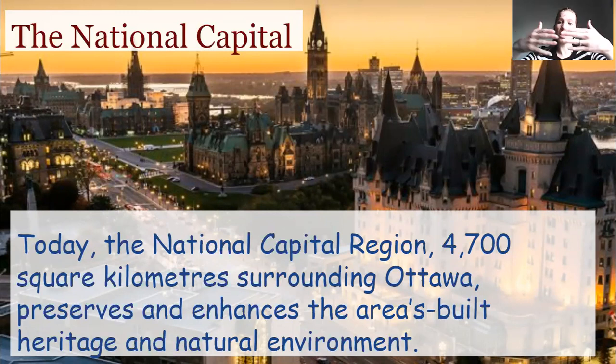The region around the city protects the city to stay beautiful. You see trees and grass and buildings. It is beautiful. And all of that around Ottawa is called the National Capital Region.